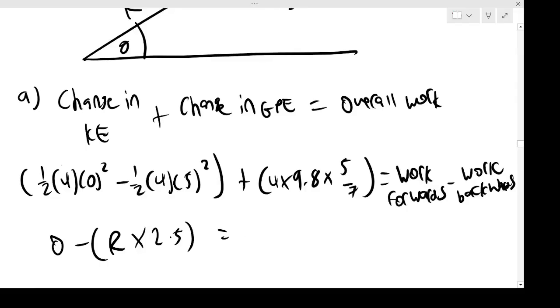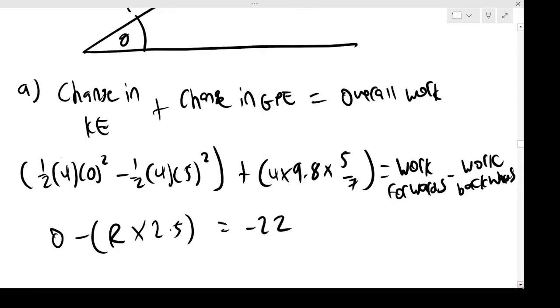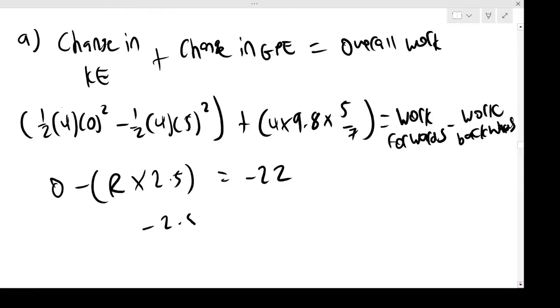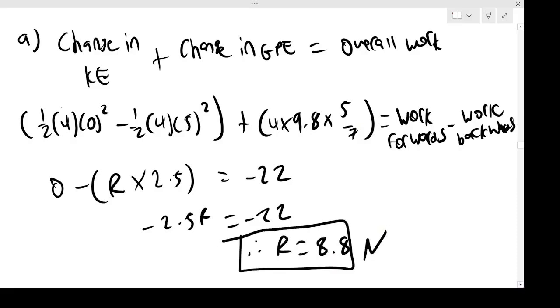I get minus 22. Okay, so that means minus 2.5 R is minus 22. Hopefully we get 8.8 from this. And we do. So R is 8.8. Great stuff.